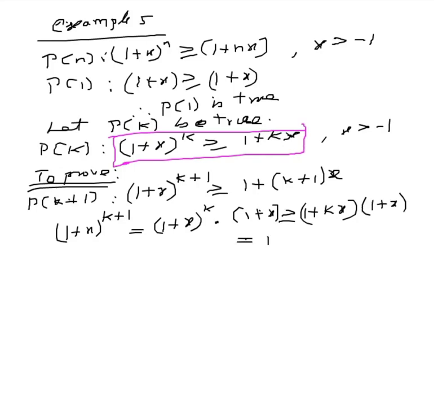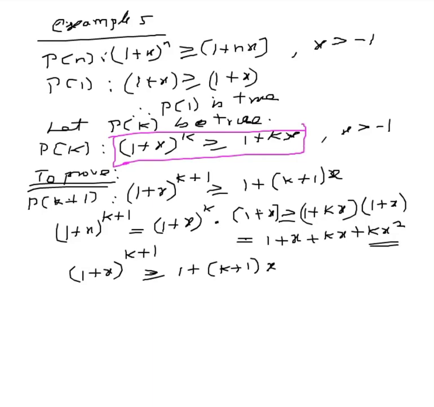Let us multiply: 1 + x + kx + kx^2. Therefore, (1 + x)^(k+1) is greater than or equal to 1 + (k+1)x plus the kx^2 term, taking x common from the second and third terms and leaving this kx^2 term.